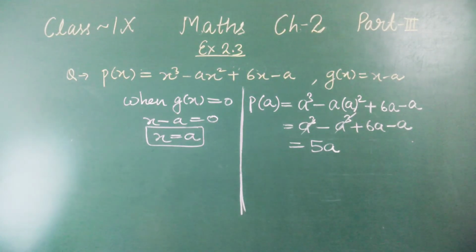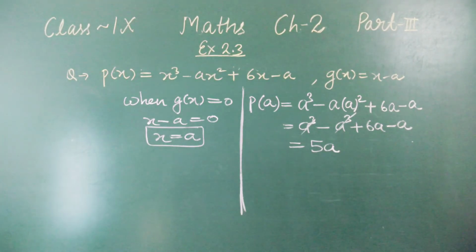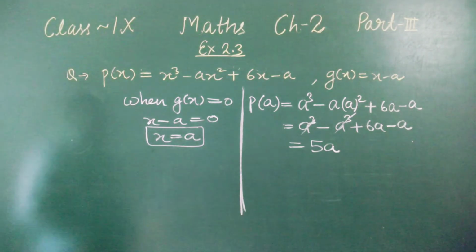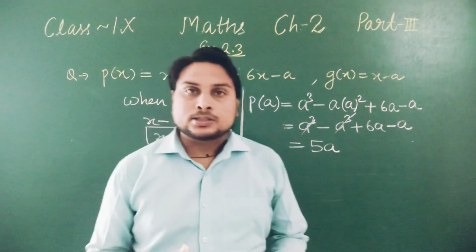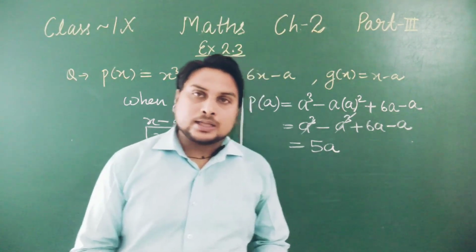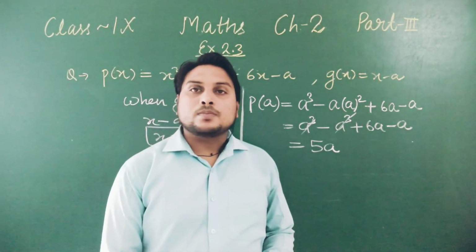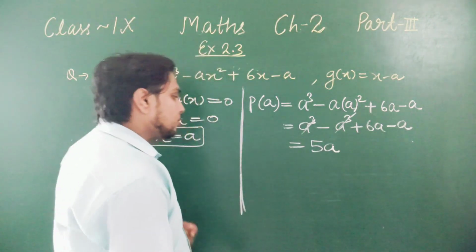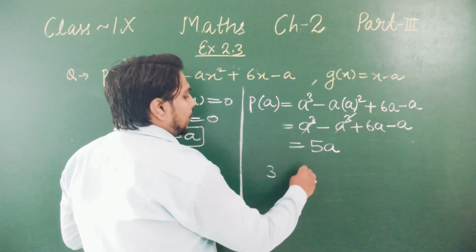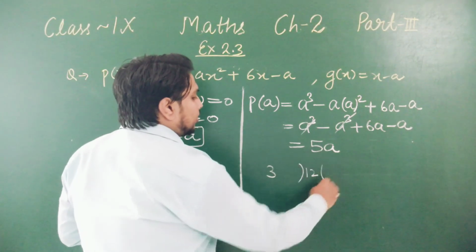The last question, number 3 of this exercise, is: check whether 7 plus 3x is a factor of 3x cube plus 7 or not. When any number is said to be a factor of another expression or number, the remainder comes 0. If I ask you whether 3 is a factor of 12 or not, what will you do?